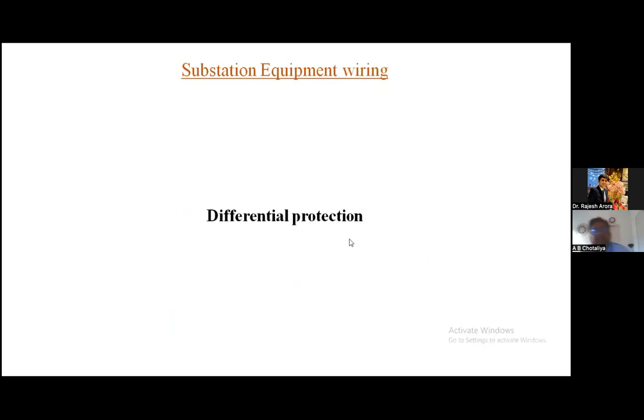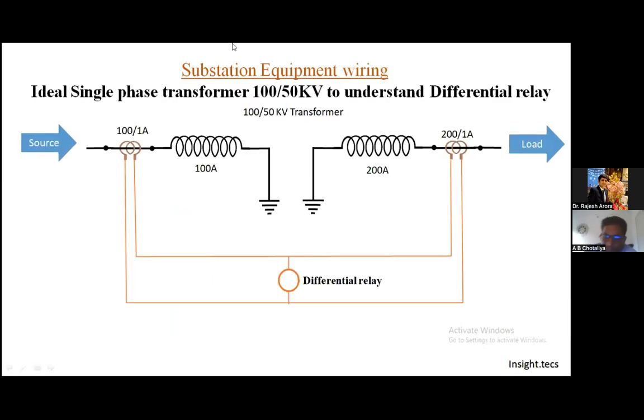Okay. The differential protection, everybody knows that differential protection is the protection of the transformer. Here, I have taken an ideal transformer, and an ideal transformer gives the total output. So in the primary coil there is 100 ampere, and the secondary coil is releasing 200 ampere, and we have provided the CT 100 by 1 and 200 by 1.